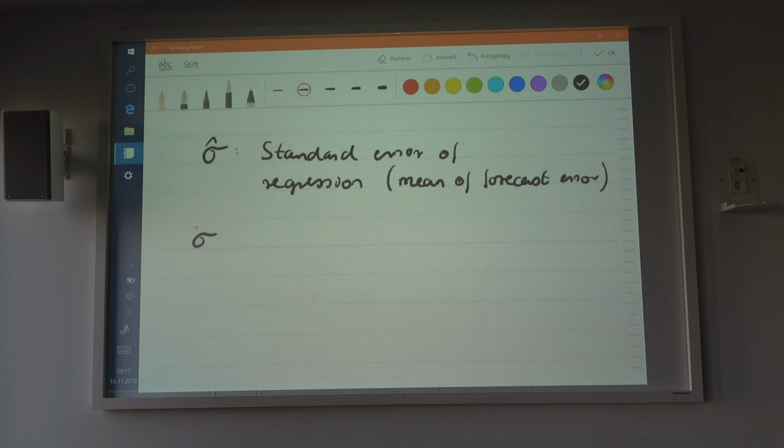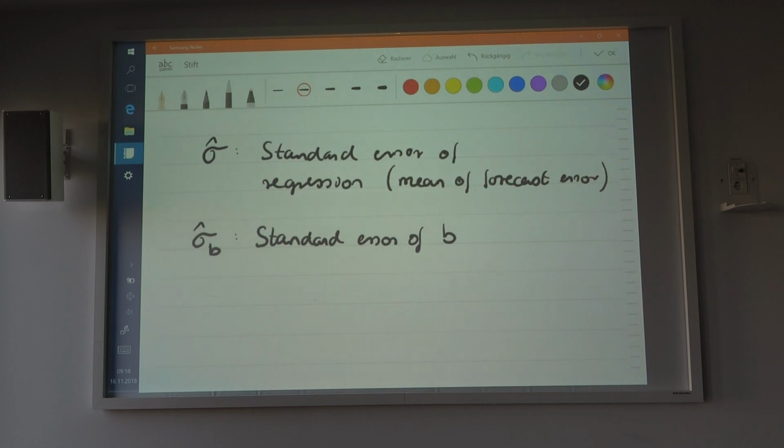Now, the square root of the estimated variance of the slope coefficient is going to be the standard error of B. That's how it's called. An interpretation would be that this is the estimation error, the mean of the estimation error.